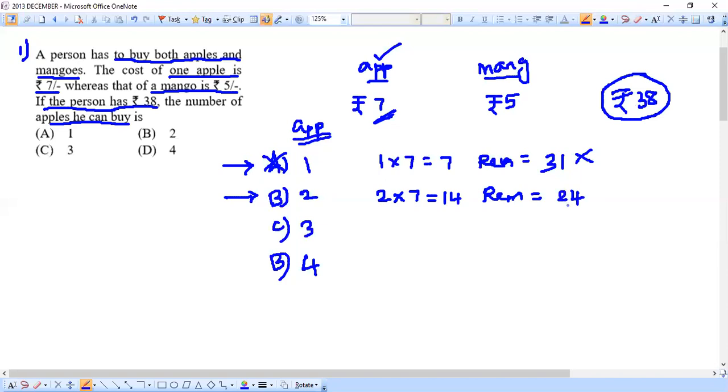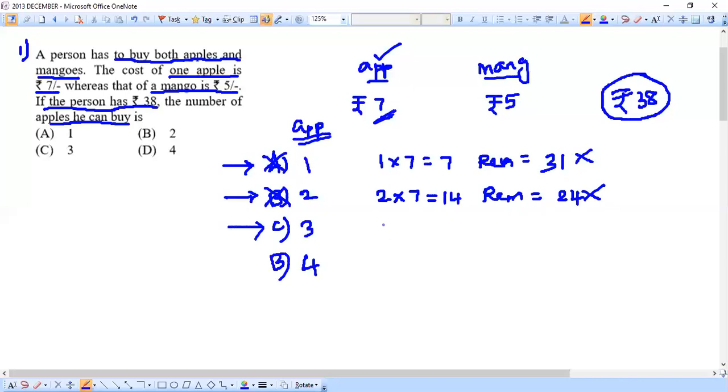That means he will still have 24 rupees with him. And again, the same problem comes. The mango's cost is 5 per mango, but the remaining is 24. Again, he won't be able to buy mangoes without any balance. That means option B also is not giving us the answer.